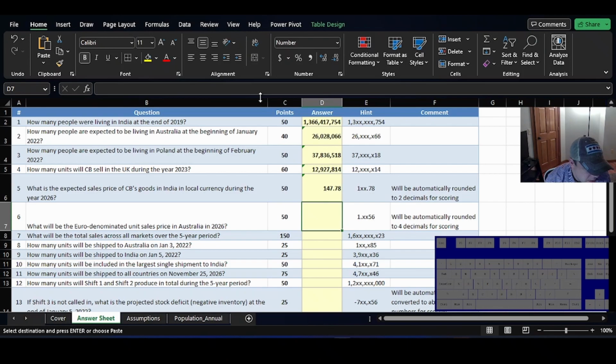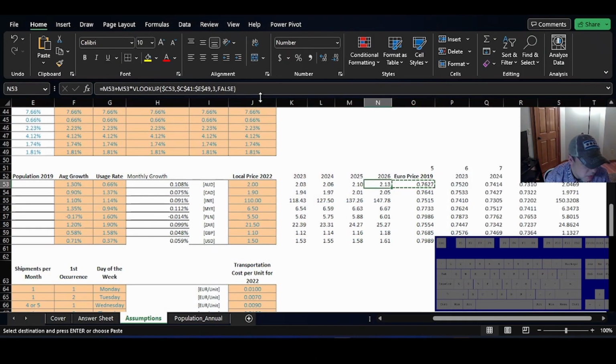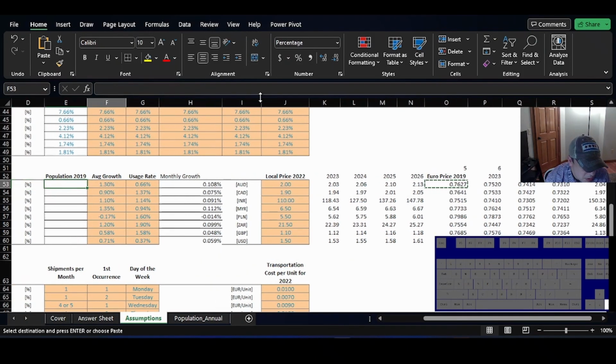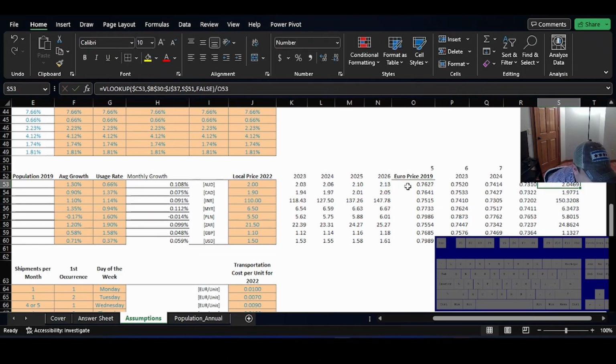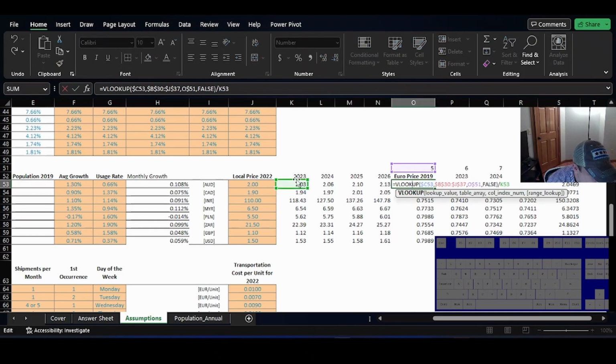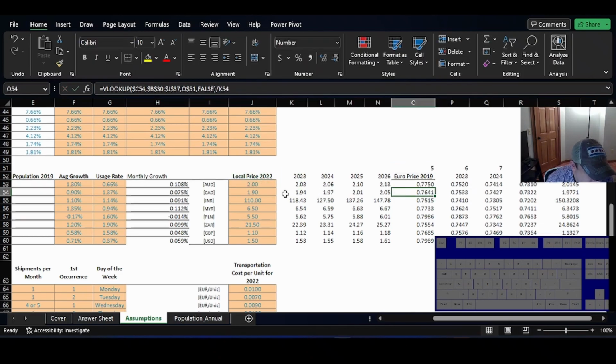Euro-denominated unit sales price in Australia in 2026. Oh, wait a minute. Something is wrong. Did I start wrong? That must be what I did.